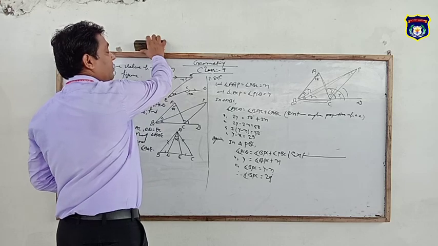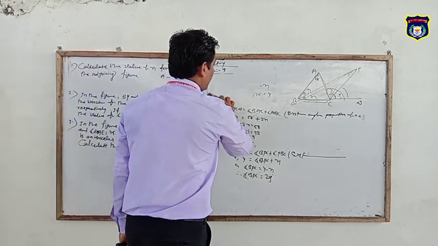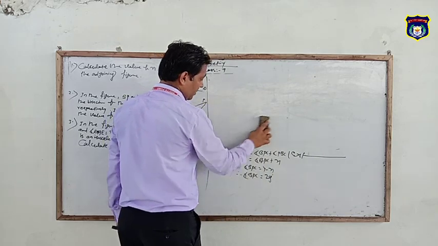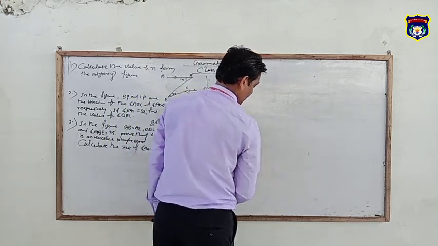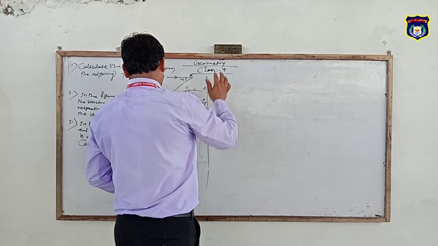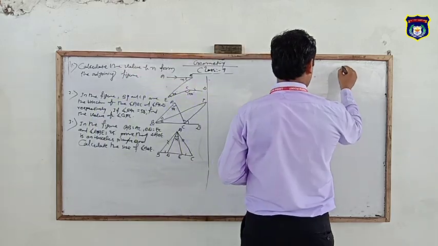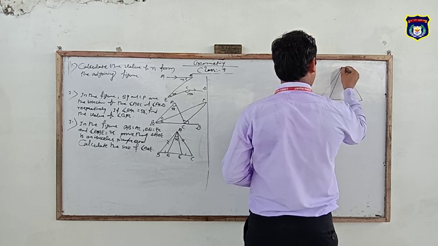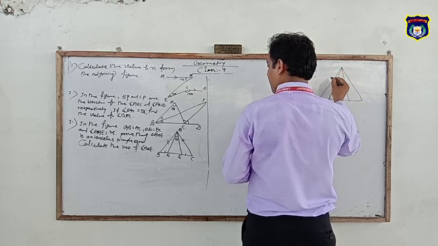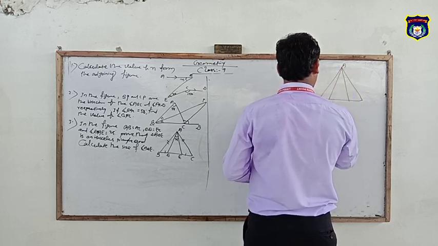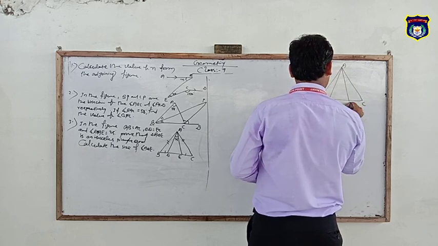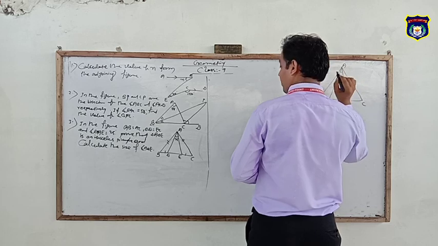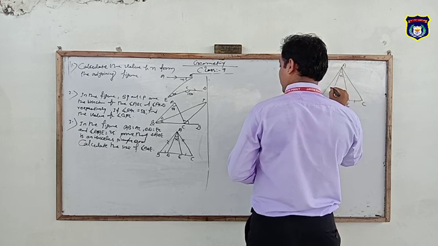Last question. In triangle ABC with points D and E, there is an angle of 25 and the sides are equal.